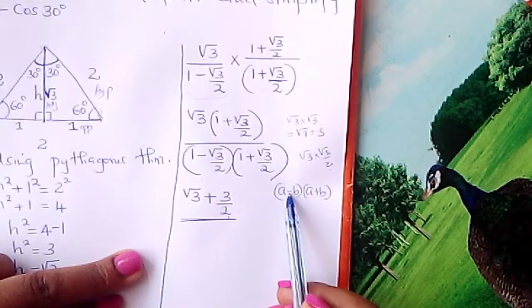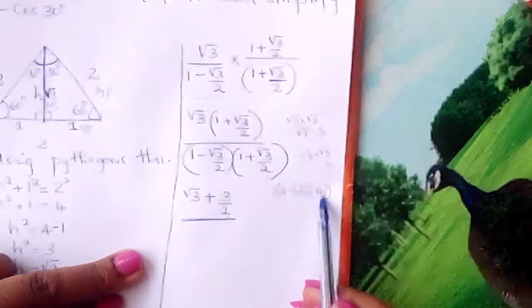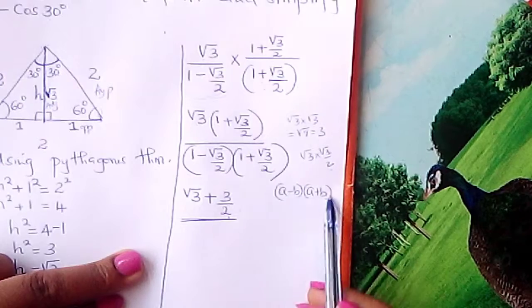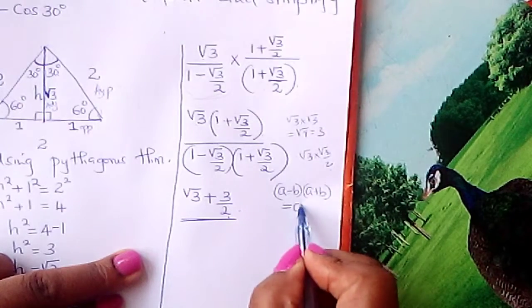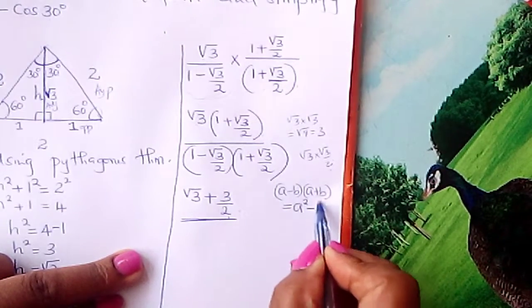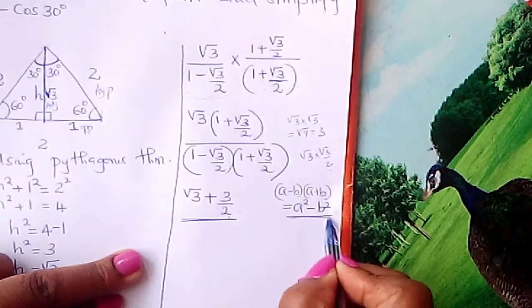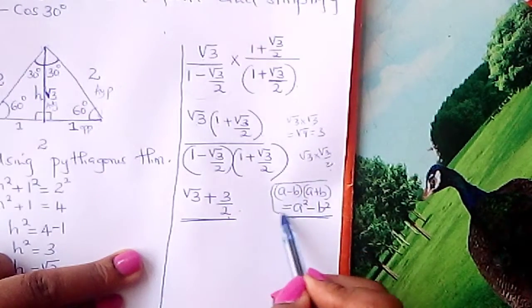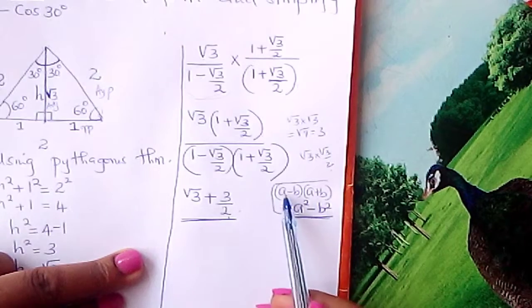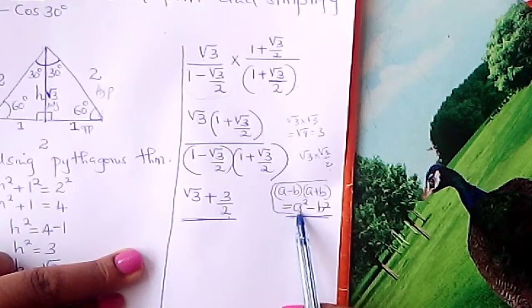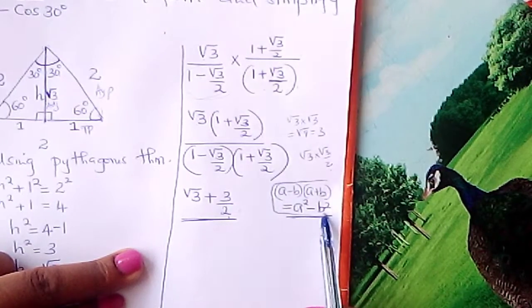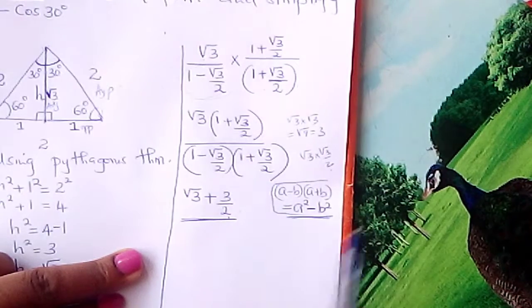If you removed the brackets, we normally get a squared minus b squared. Remember? So it's like you say a times a is a squared, b times b is b squared, then you put a negative there.